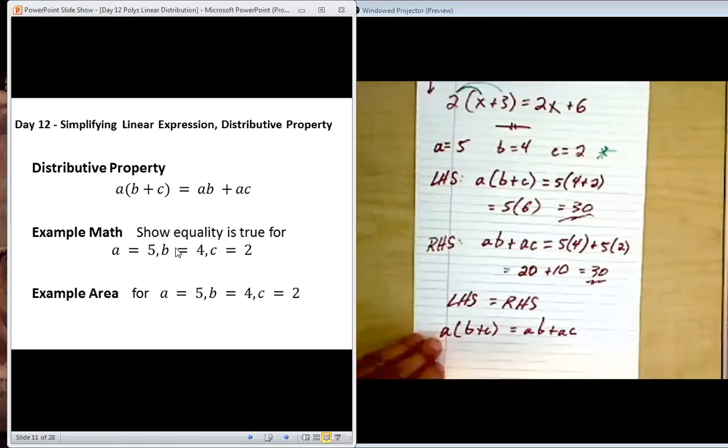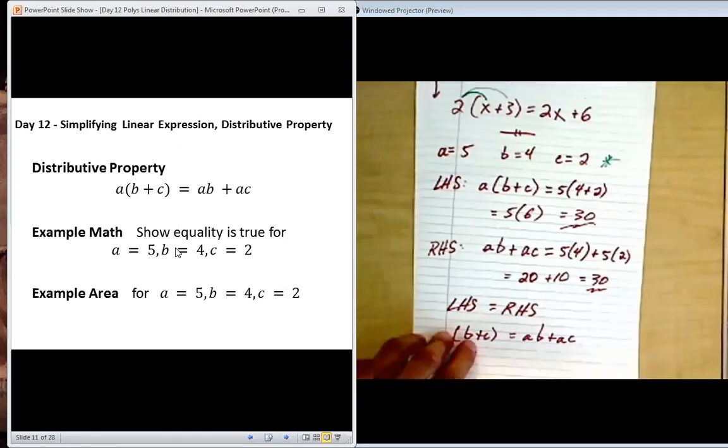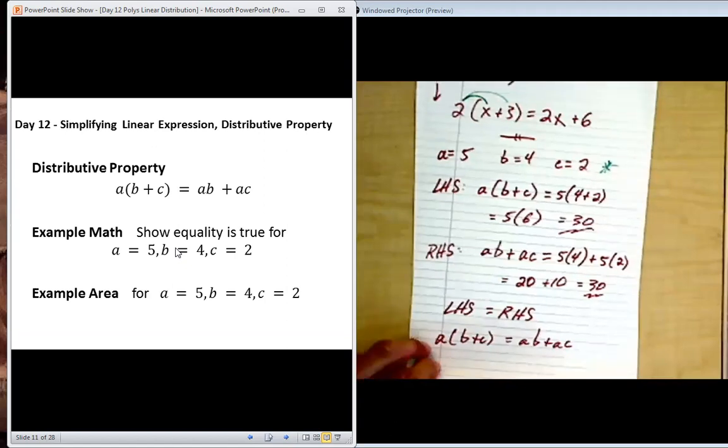Okay. Now, there's another way of looking at this that uses a picture, and I consider it pretty important. So watch this.